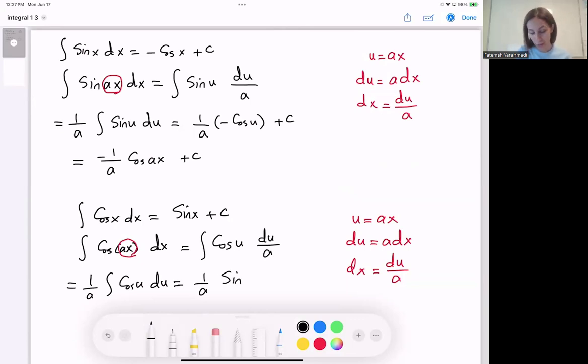But wherever you see u, you're going to write down ax and then the constant of integration. So basically the substitution method helps us to calculate these a little bit easier.